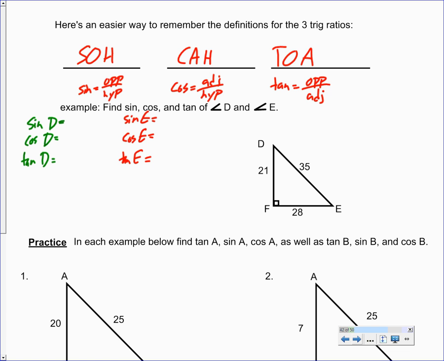So we'll start looking at angle D, and we'll label the sides accordingly. 28 is the opposite side, 21 the adjacent, and 35 is the hypotenuse. If I'm looking for sine, that's opposite over hypotenuse, that's 28 over 35.